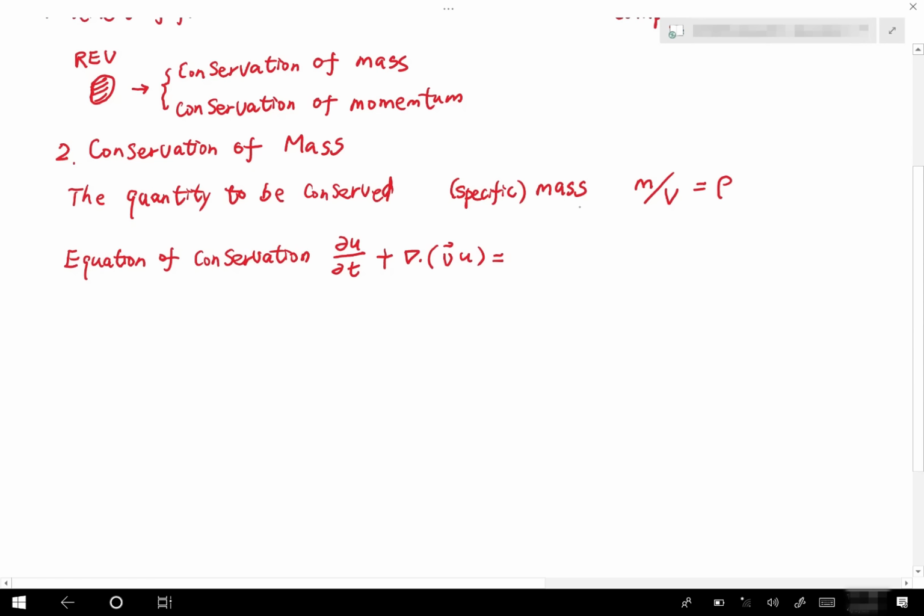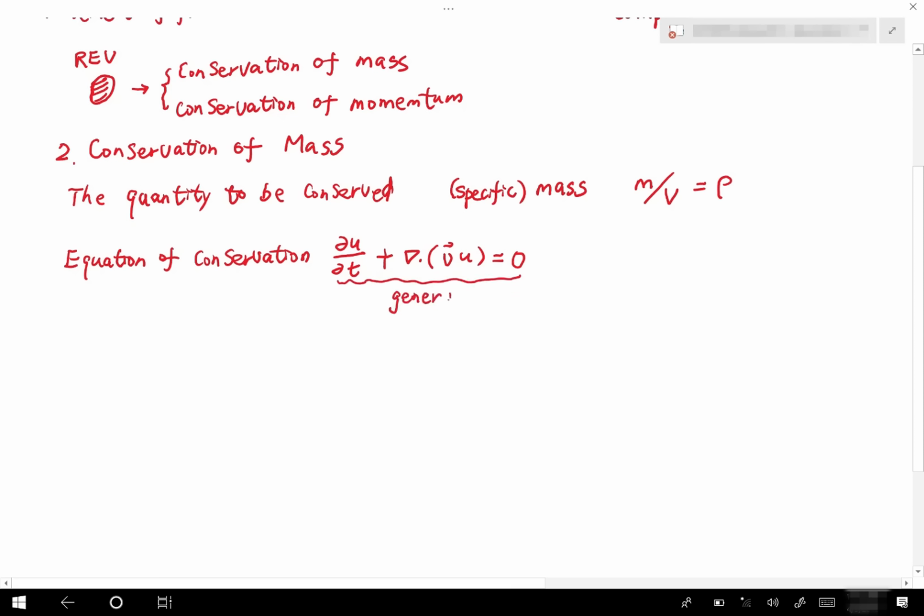Usually we don't have sources or sinks for mass unless we have a pump or something. But let's assume that this is a special condition, so we don't consider it. This is the general equation.